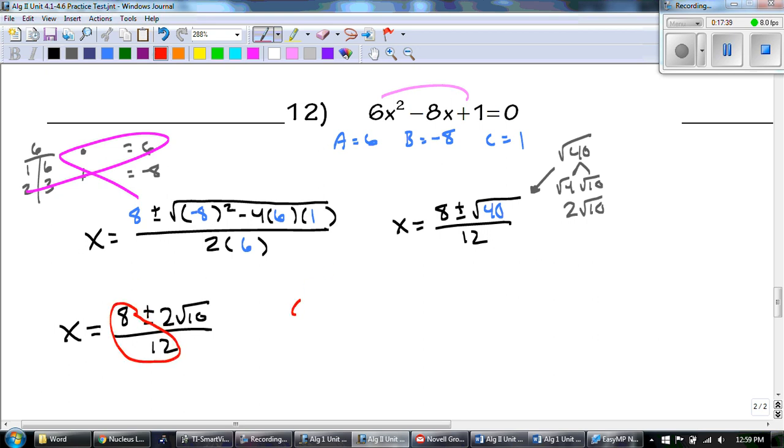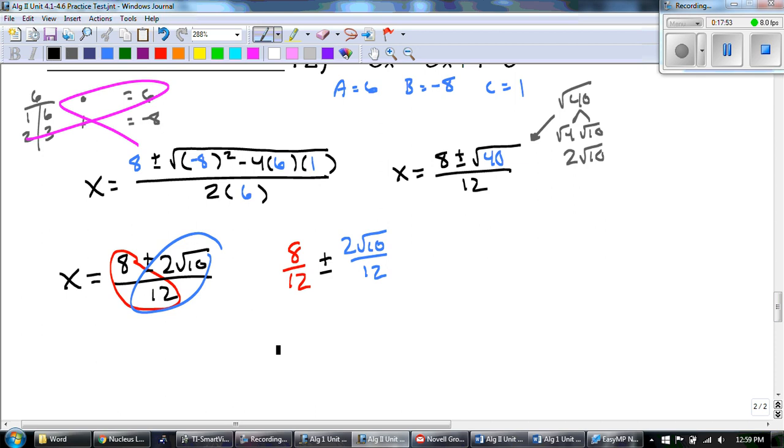I need to simplify each part of that. 8 divided by 12 plus or minus 2 square root 10 divided by 12. And then that's where we get our final answer. 8 divided by 12 is 2/3 plus or minus 2 divided by 12.